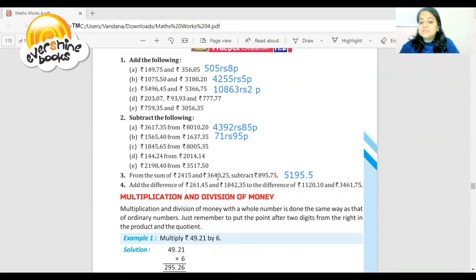So you will get the answer 5,195 rupees and 5 paise. Okay, it's very easy. So do the fourth sum in your notebook.